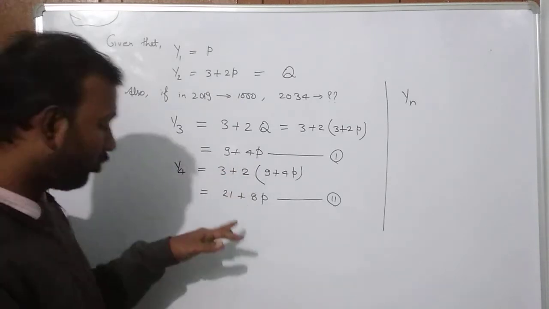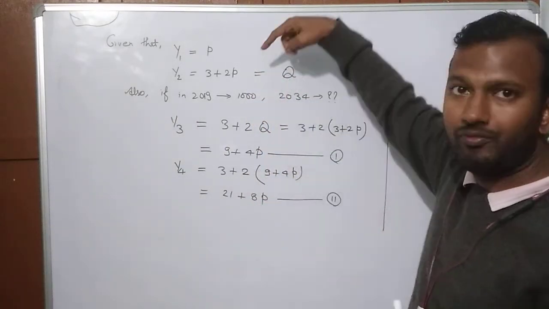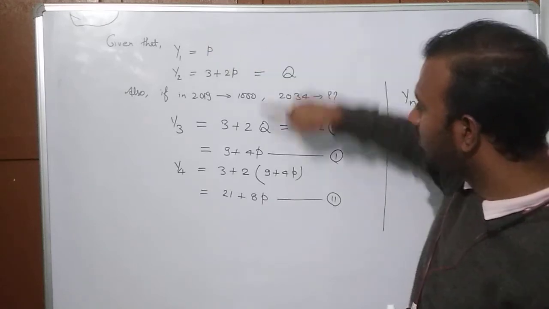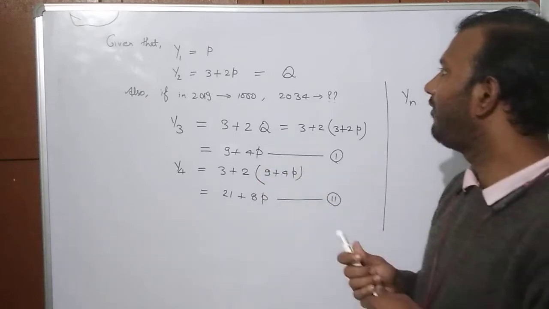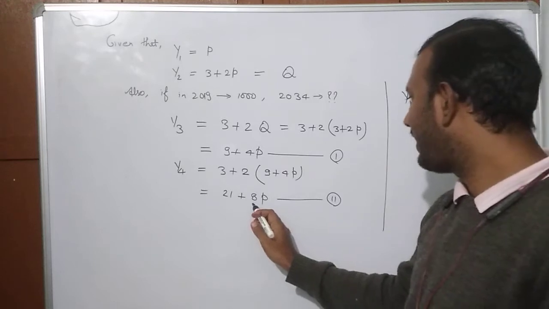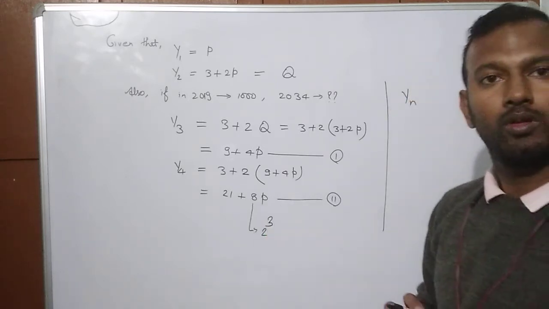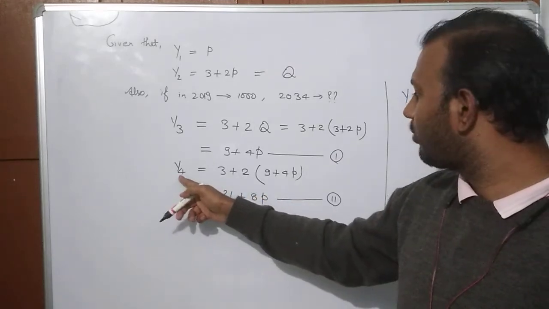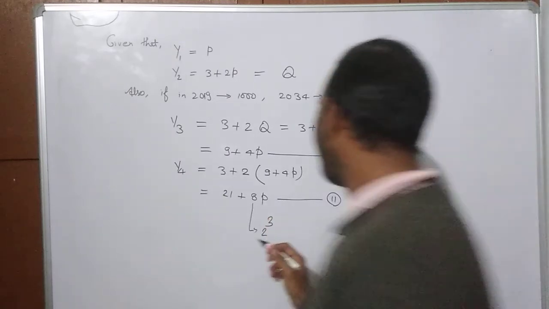If you observe the coefficient of P, here this is 1, 2, 4, 8, means powers of 2. Let's say this 8 is 2 power 3, and we are solving for the 4th year, so 4 minus 1 is 3, 2 raised to the power 3.